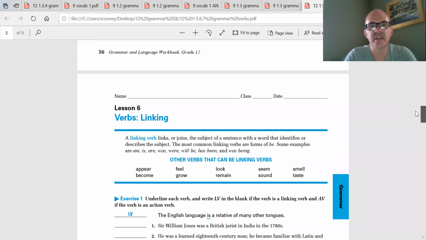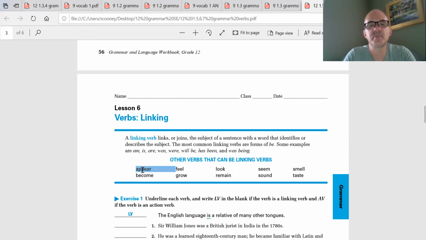All right, so linking verbs, lesson 6. These linking verbs join or express a state of being, okay? The main ones are conjugations of the verb be, such as am, is, are, were, will be, has been, and various things like that. But there are other ones that can be action verbs, but in many cases are linking verbs.